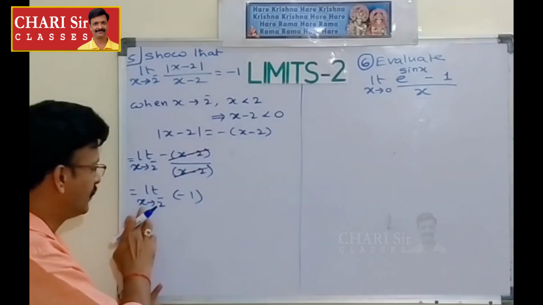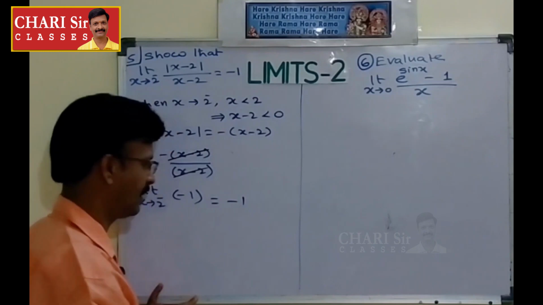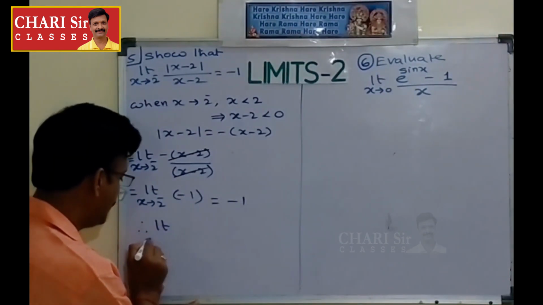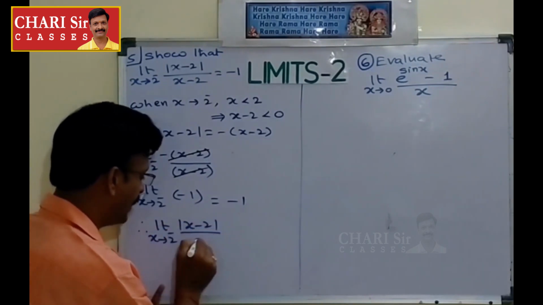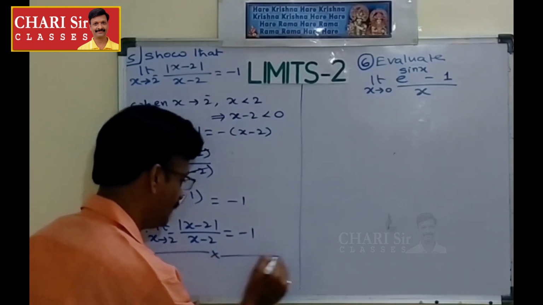This is a constant function limit, which is equal to the constant minus 1. So the final answer is limit x tends to 2 minus modulus of x minus 2 by x minus 2 is equal to minus 1. This is your final answer.